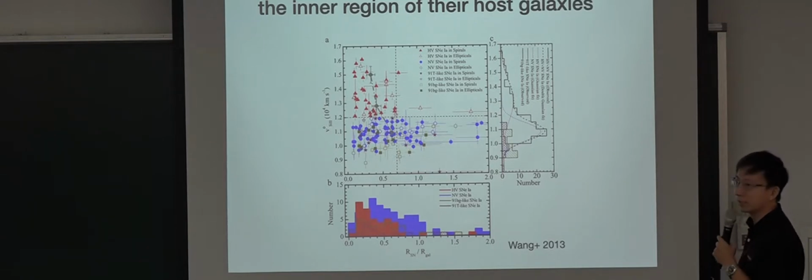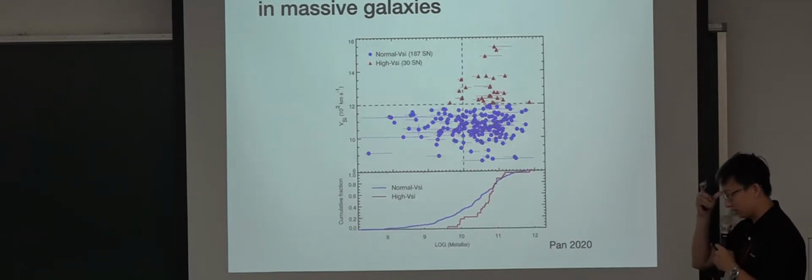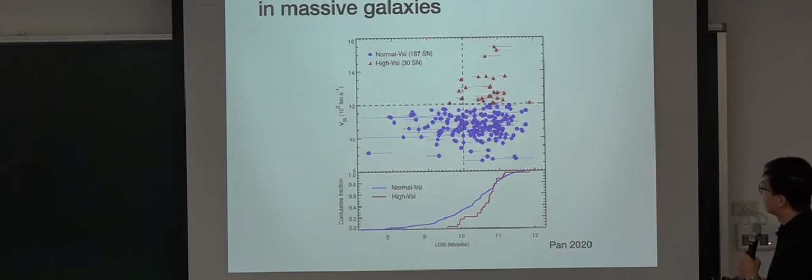So this is further supported by another paper, using a different parameter, stellar mass. It's nearly the same figure, just plotting stellar mass instead of radial distance.